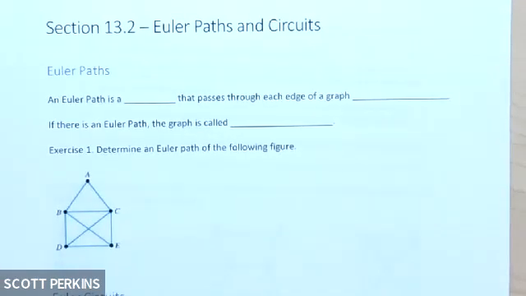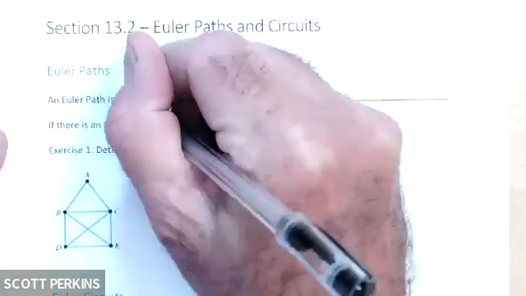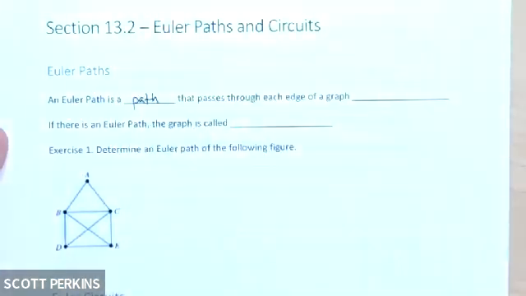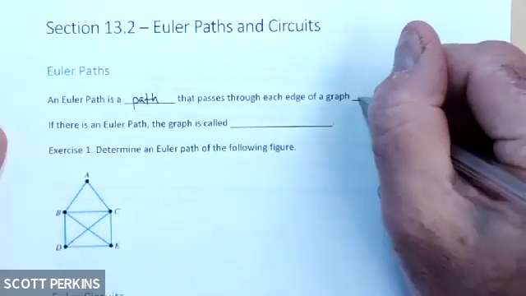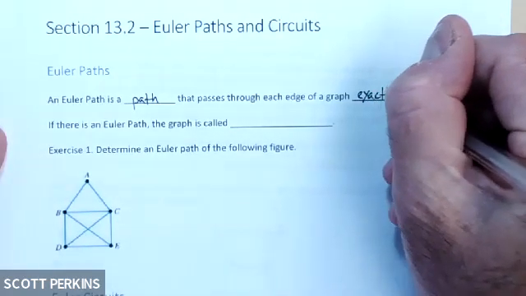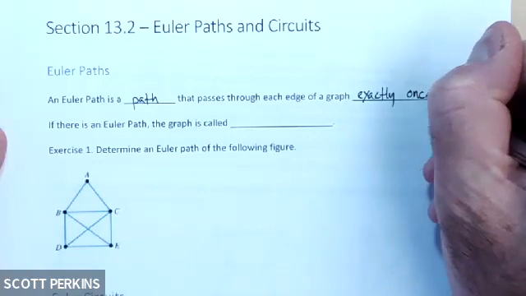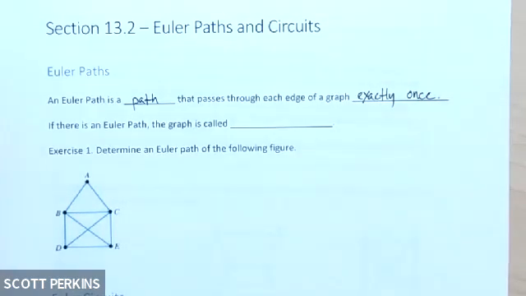So an Euler path has this characteristic. An Euler path is a path that passes through each edge of a graph exactly once. An Euler path goes across every edge exactly once. You do not repeat any edges. You do not skip any edges.